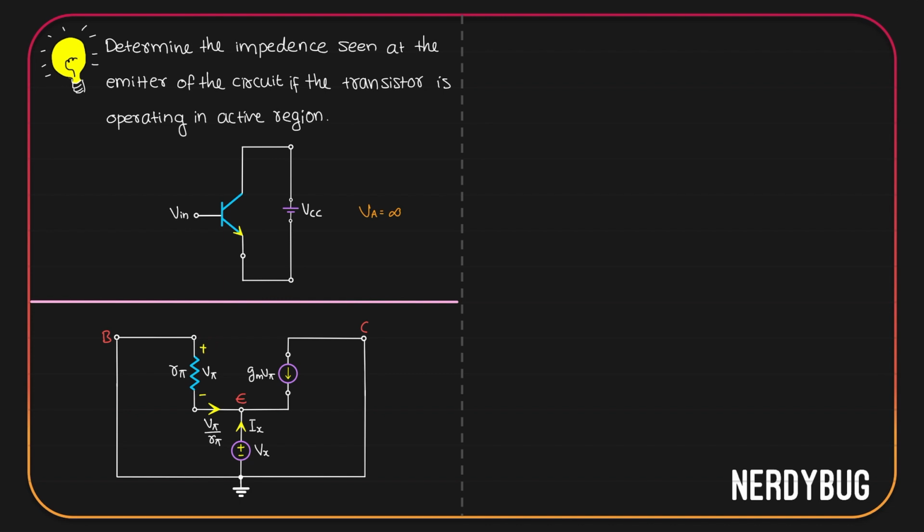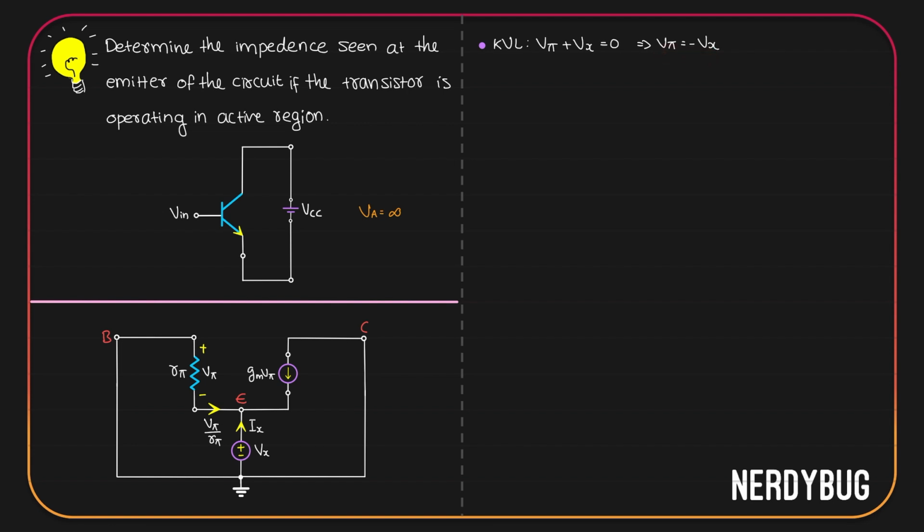Let me write it down. Further as I go on, I can see Vx that is also from positive to negative. So I will write plus Vx. In the left loop, these are the only two voltages I have. So according to Kirchhoff's voltage law, the sum should be equal to 0. This gives me V pi is equal to minus Vx.